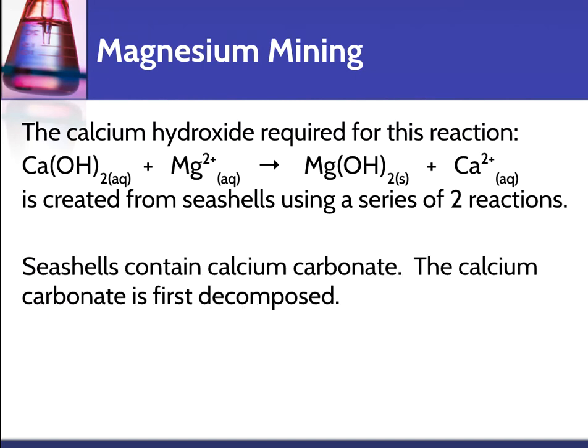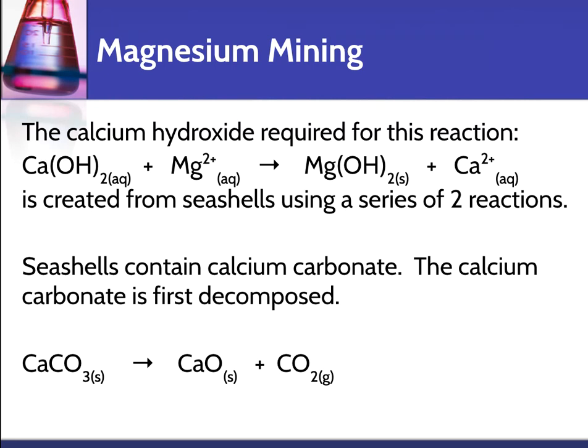Seashells contain calcium carbonate. The first reaction is to decompose the calcium carbonate. If you recall, when metal carbonates decompose, they create the metal oxide and carbon dioxide. So that's what happens here. The calcium carbonate decomposes into calcium oxide and carbon dioxide.